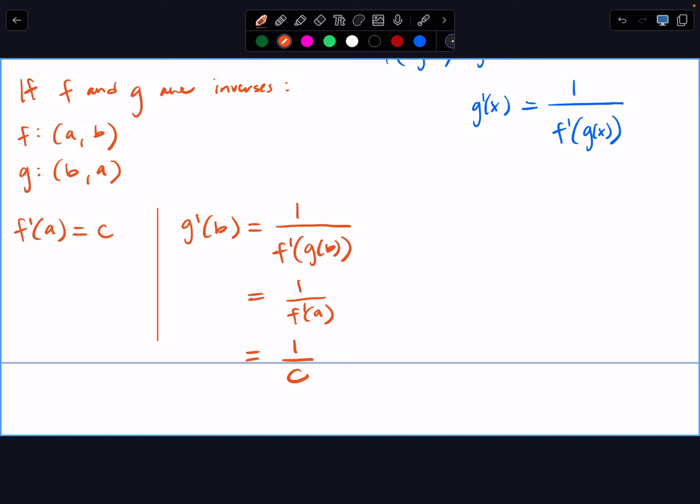The slopes of their tangent lines would be reciprocals of each other, as long as c is not equal to 0.